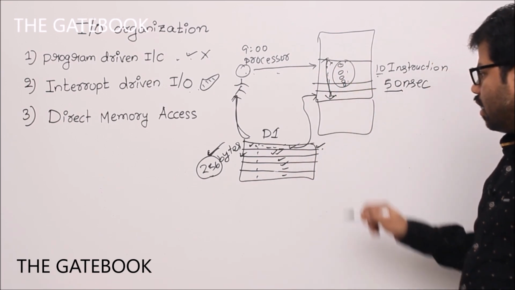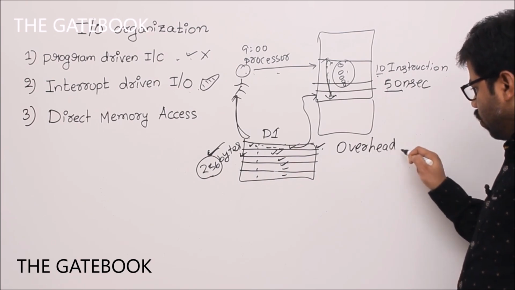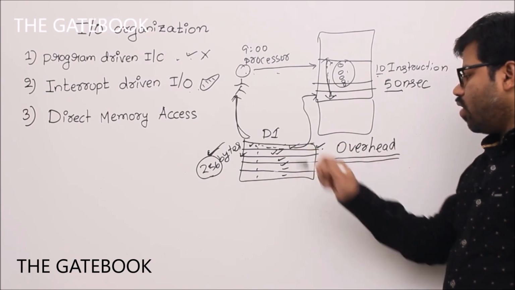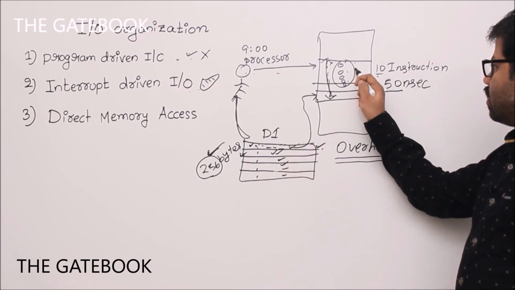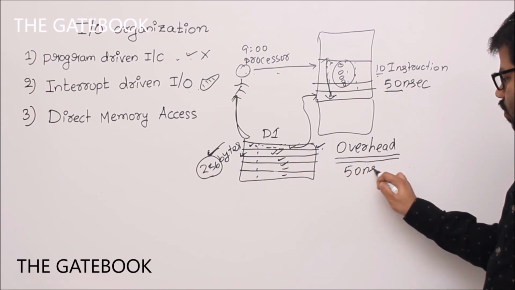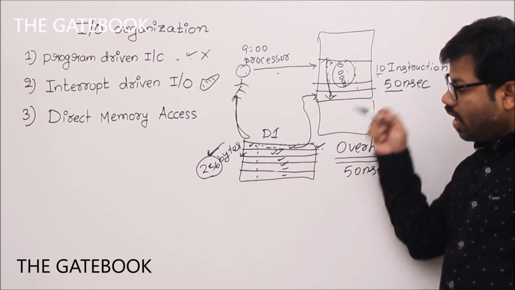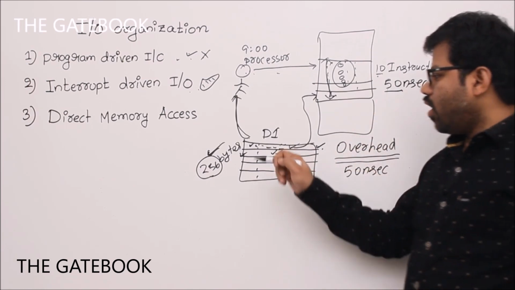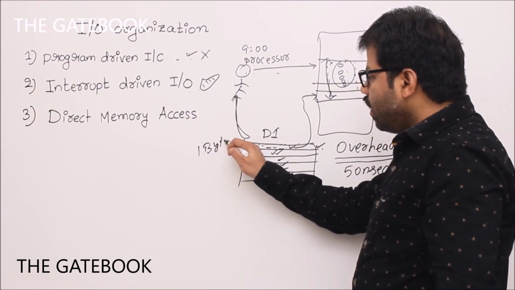I can say that the overhead, or the amount of time you used the CPU for your work, is only here, right? When this interrupt service routine is executed, that overhead is 50 nanoseconds. After that you will be transferring whenever you have data. Assume that once you send 1 byte of data, you need a gap.